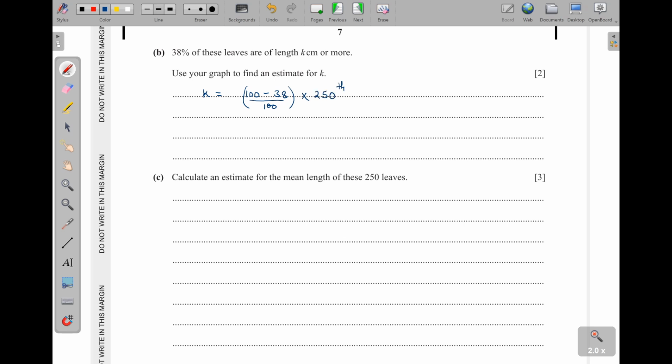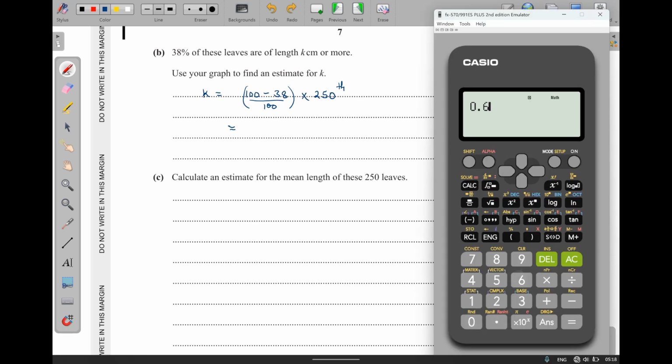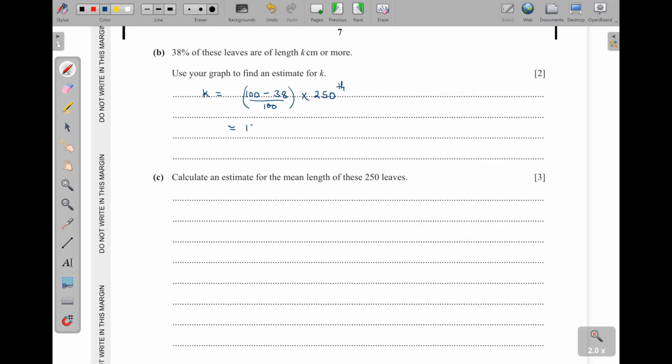When we multiply all of this, what do we get? The 60, will that be 62? Yes, 62% of the 250. 62% is the same as 0.62, then times the 250, that one gives us 155. So we have the 155th value.